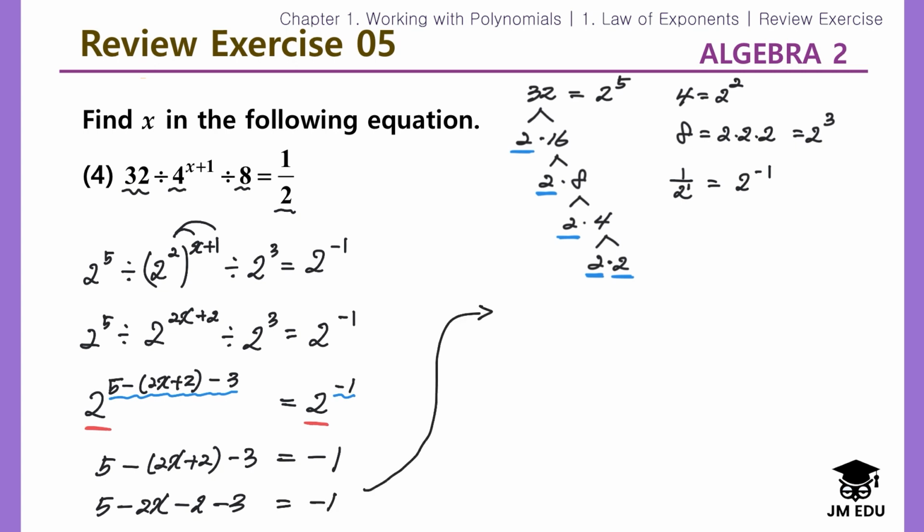So we have 5 minus 2, 3. 3 minus 3, that's 0. So -2x is equal to -1. So divided by -2 each side, x is equal to 1/2.